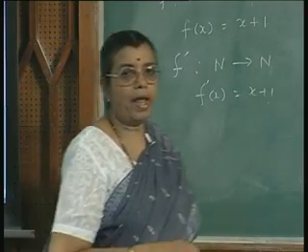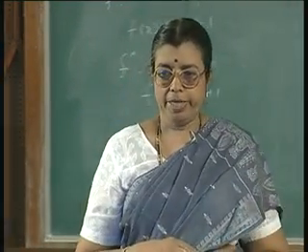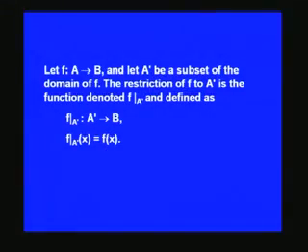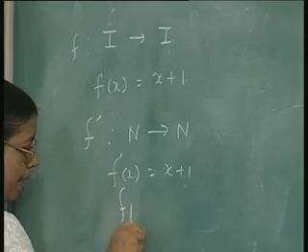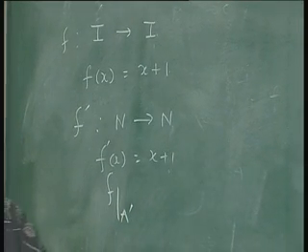So, let A and B be 2 sets and f is a function from A to B, and let A dash be a subset of the domain of f. A dash is a subset of A. The restriction of f to A dash is a function denoted by f restricted to A dash, it is denoted like this.